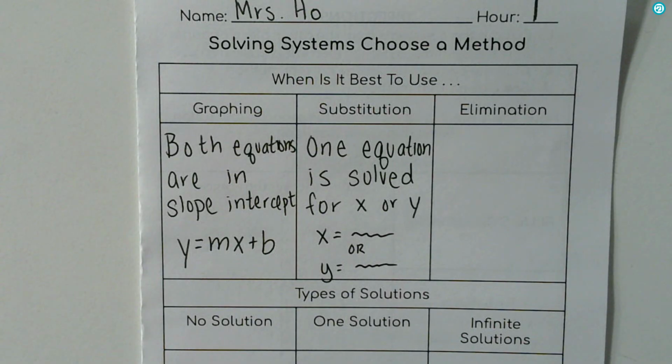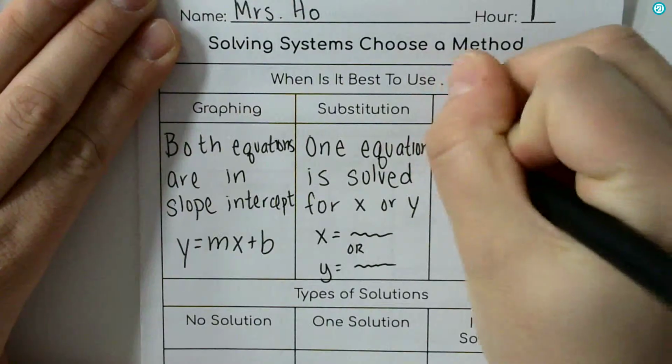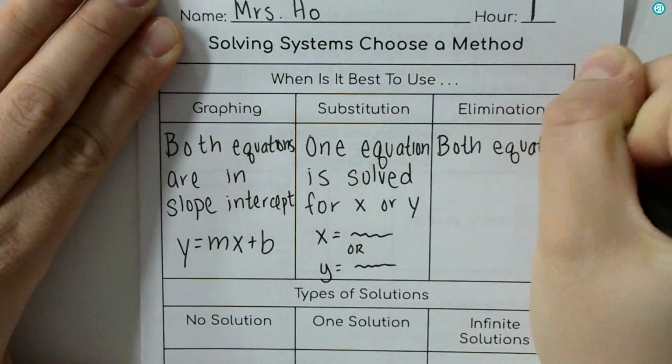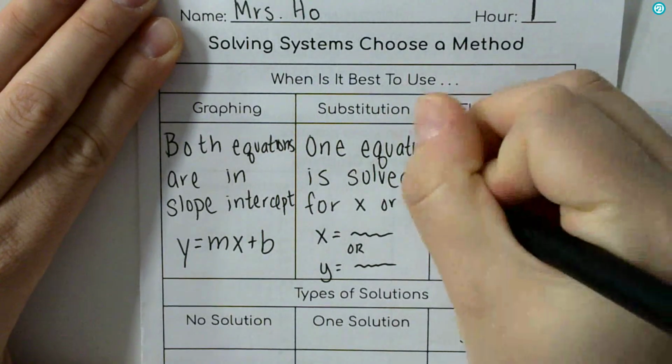Okay. And then the last method of solving that we learned before break was elimination. It is easiest to use elimination when both of your equations are in standard form.